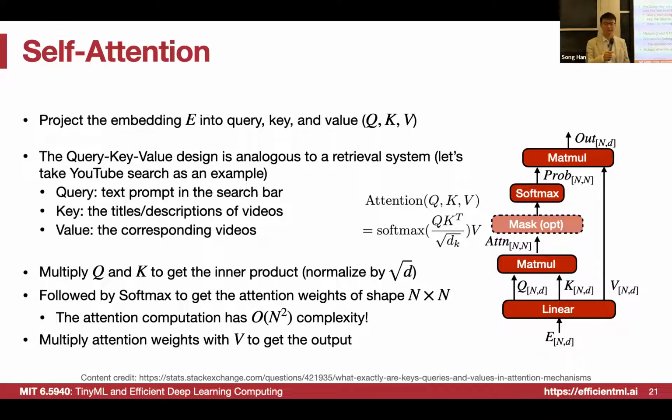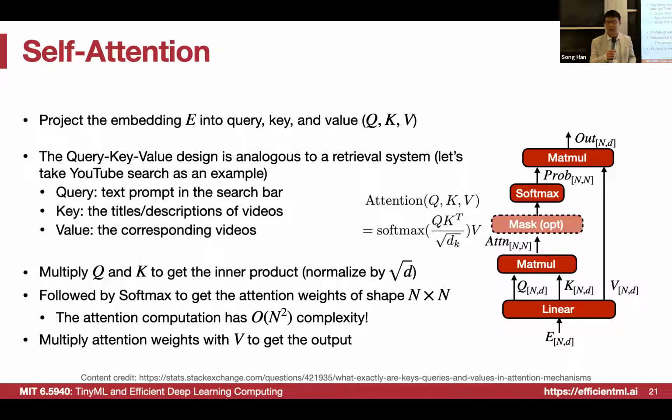And the key could be representing this value. So you multiply the query with the key to get the similarity and take a weighted average of the values. What we do here is multiply the query and the key to get the inner product. We normalize it by the square root of d, so that different hidden dimensions can be normalized. So this is QK transpose divided by the square root of d.